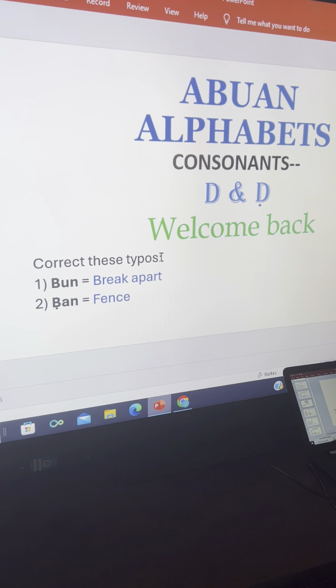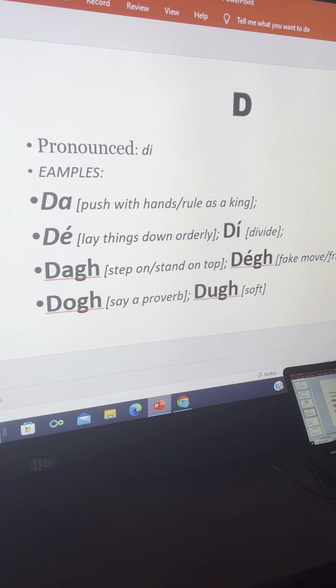So again, welcome back. We're going to be taking a look at the consonants D and D. You look at this. D without the tone mark is D. That's how it's pronounced.